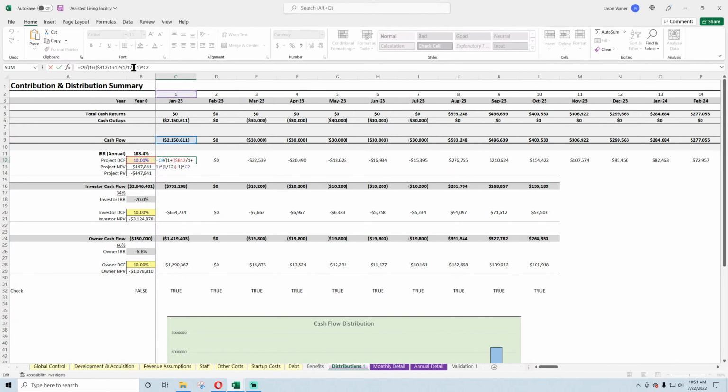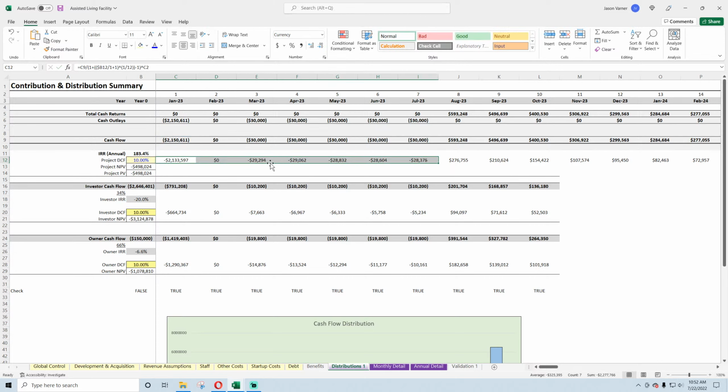So this whole thing is converting B12 into a monthly, and then we're doing 1 plus that monthly rate minus 1 raised to the period here. So I believe this is, and we can check this to make sure.